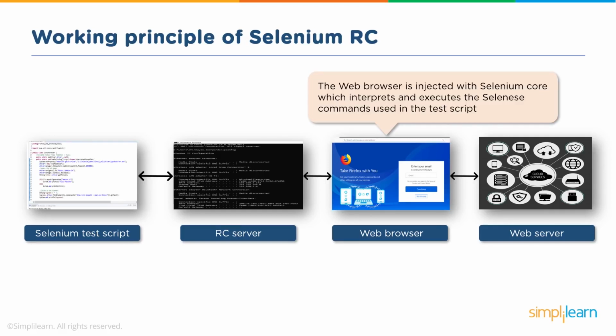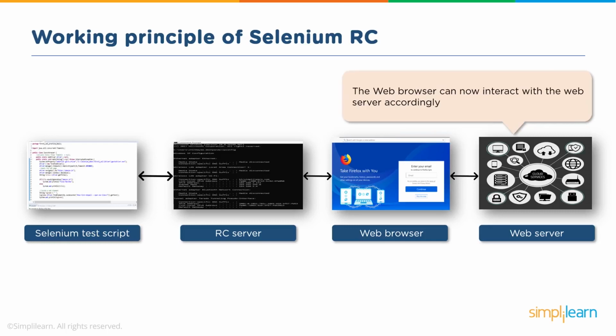This command from your test script goes to the server, and then the RC server launches the browser and injects its JavaScript into the browser. Once this is done, all the subsequent calls, that is, all the rest of the commands you have written after launching the browser, go to this RC server and then to the actual web server. So all the commands are routed through your RC server to your web browser.